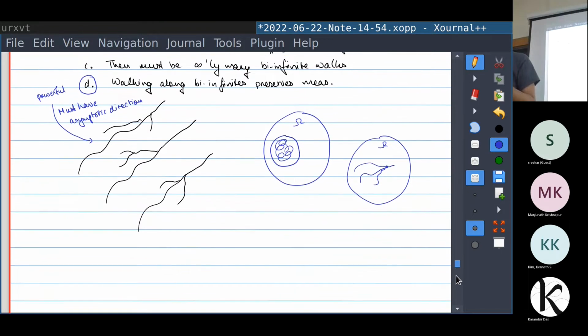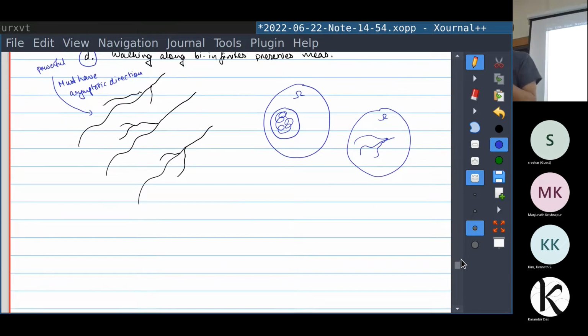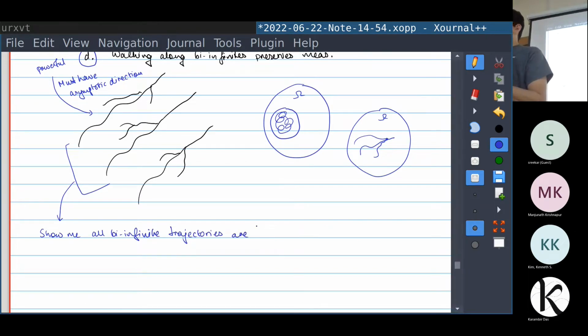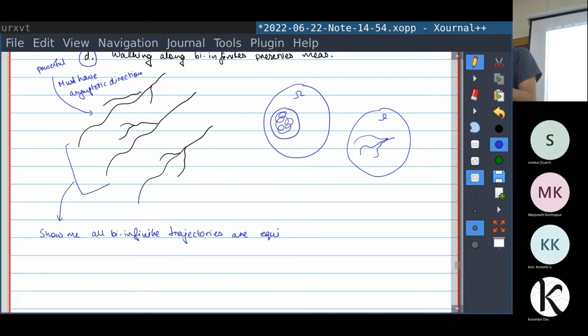Okay, so what's open here, I should say, is: show me that all bi-infinite trajectories are equivalent under the appropriate law.